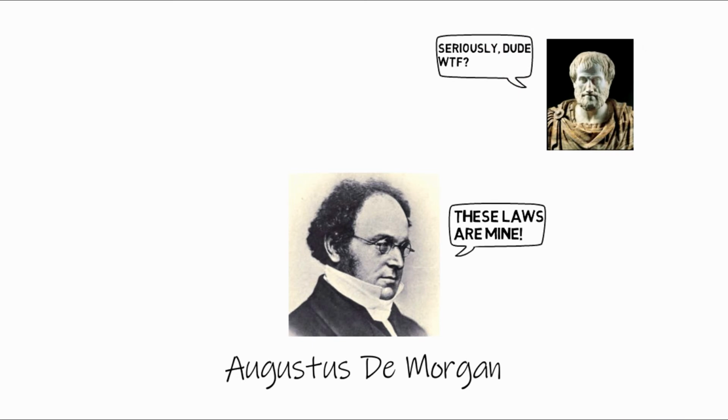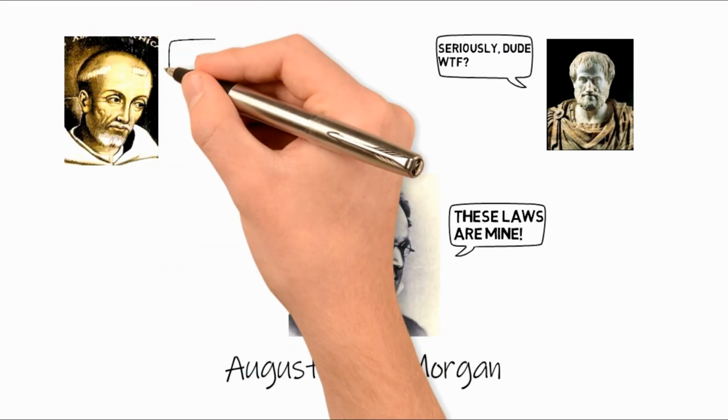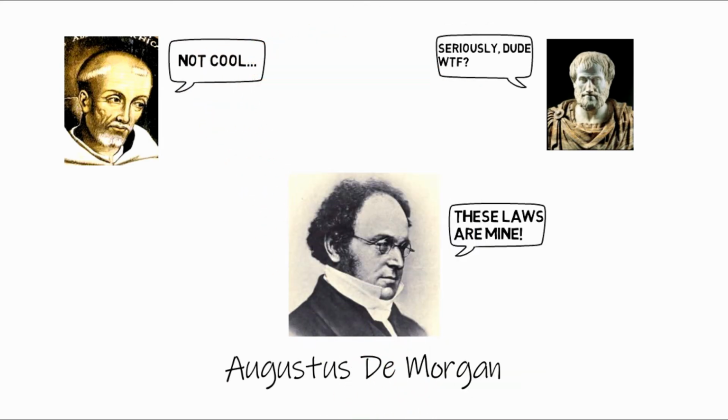And so was this guy, William of Ockham, a philosopher of the medieval period. So it's not as if these DeMorgan equivalencies were entirely unknown to logic. They've been around for thousands of years, but the work that De Morgan did on these means that we now call these equivalencies DeMorgan equivalencies.